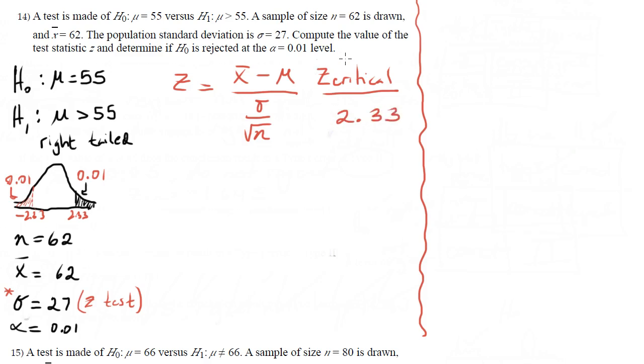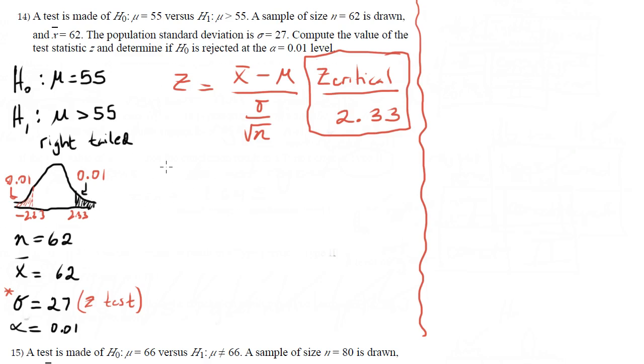That's the Z critical value. This is an important value here. That's like our cutoff value. So we're going to calculate our Z test statistic. And if that test statistic is in this region, if it's greater than 2.33, reject the null hypothesis.